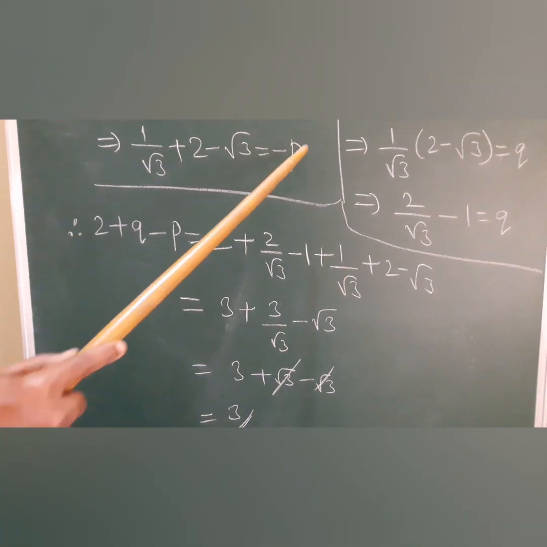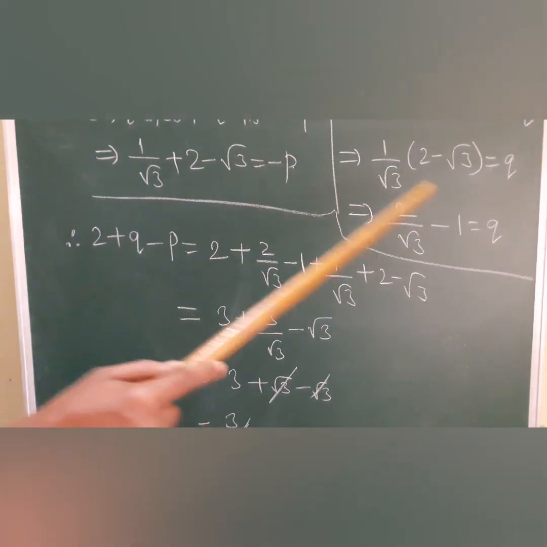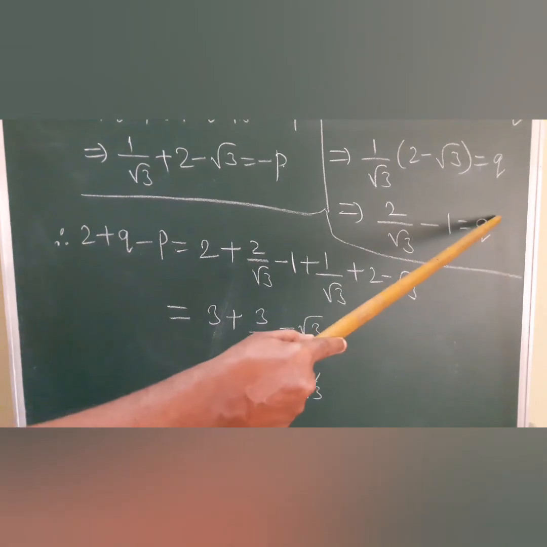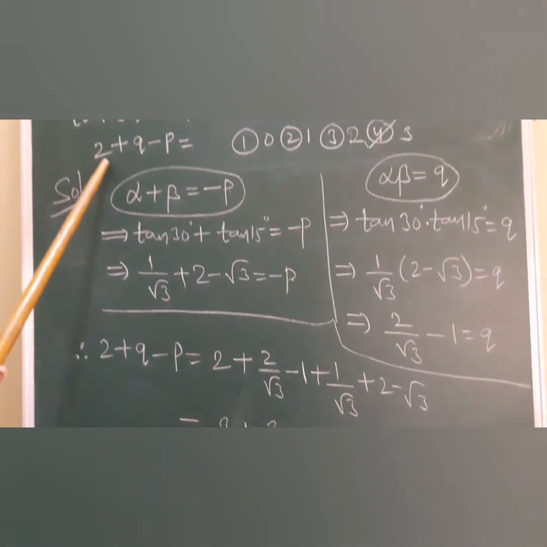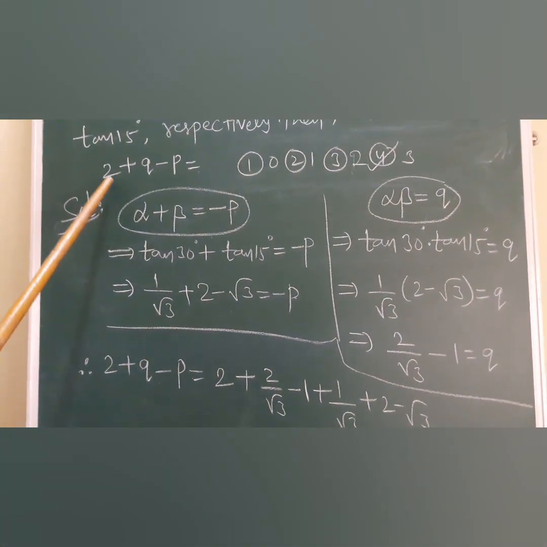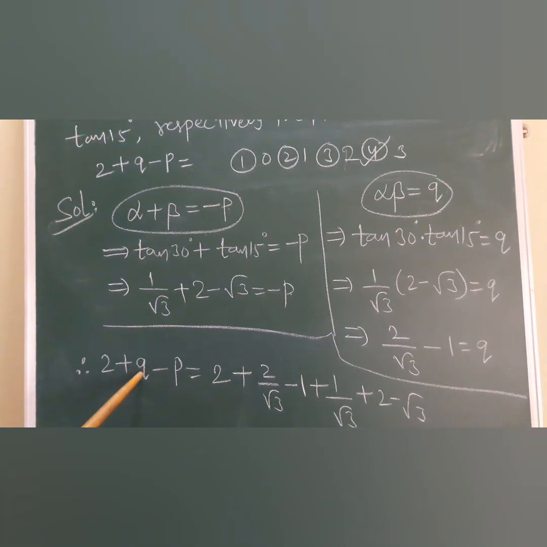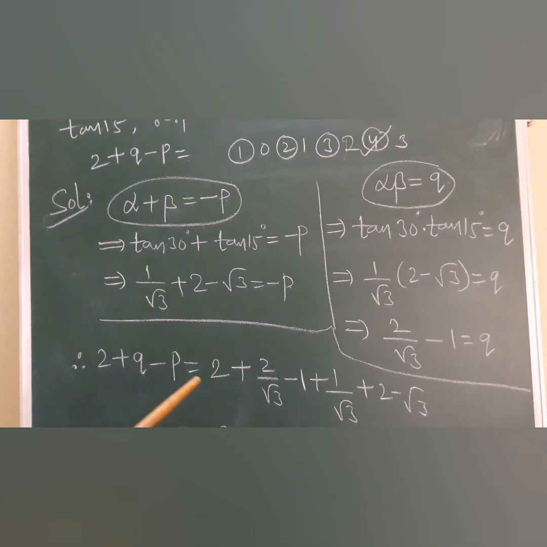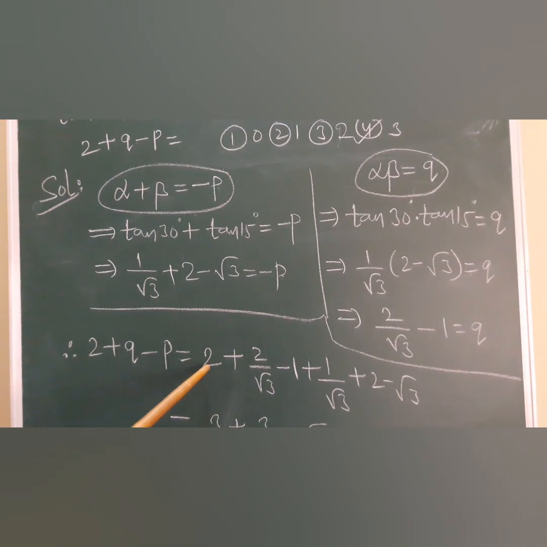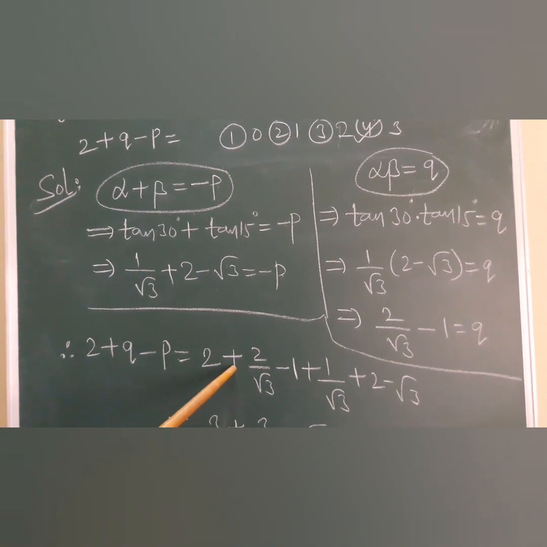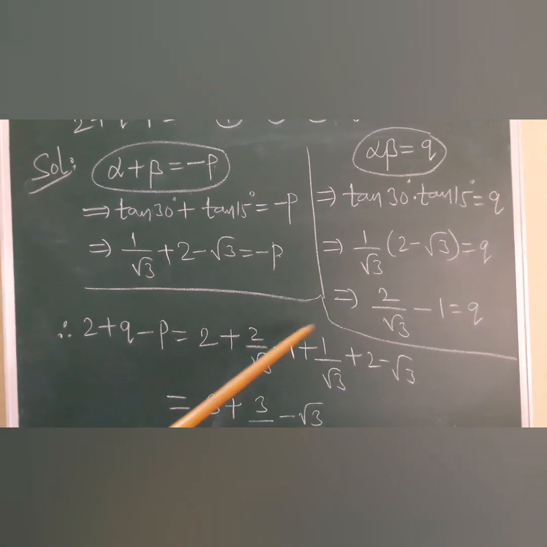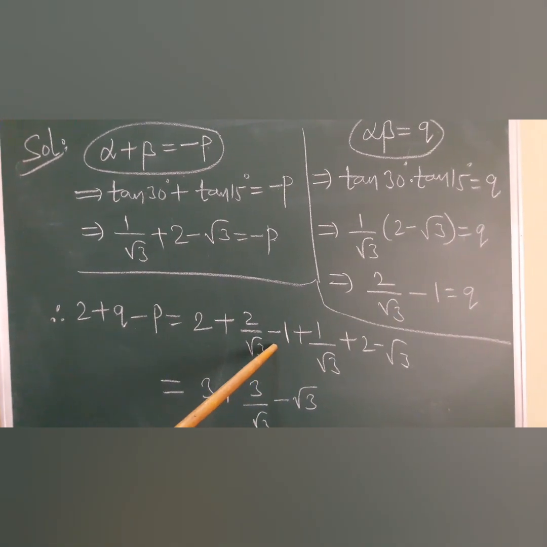Now substitute minus p and q values in the required value, that is 2 plus q minus p. So 2 plus q means 2 by root 3 minus 1.